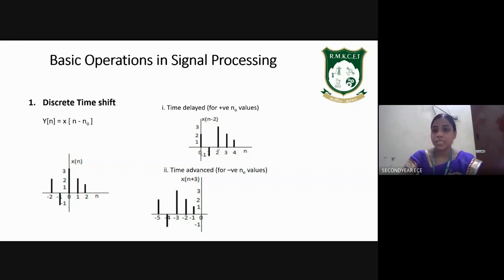It is shifted by 2 units, n minus n naught. It may be a right shift or it may be a left shift. If it is x of n minus n naught, and this n naught is positive, it is shifted to the right. The same shape, are you seeing that?